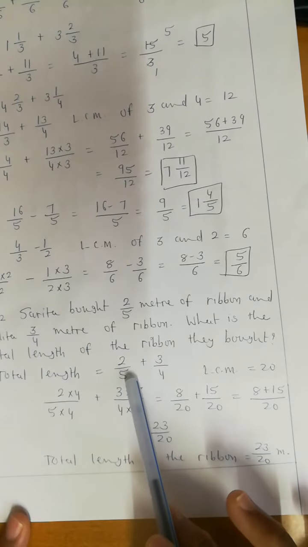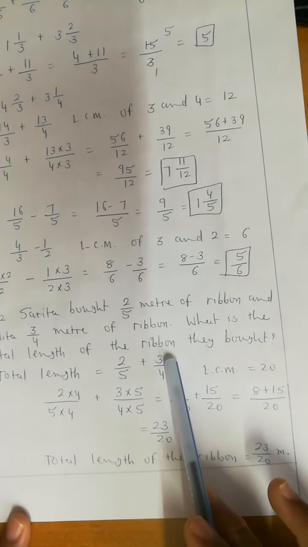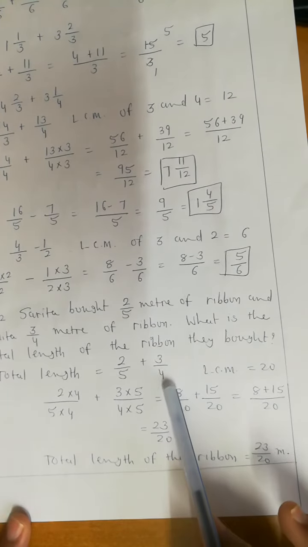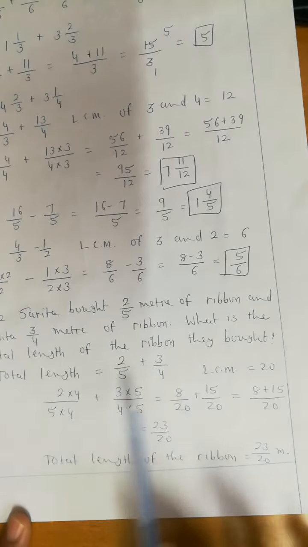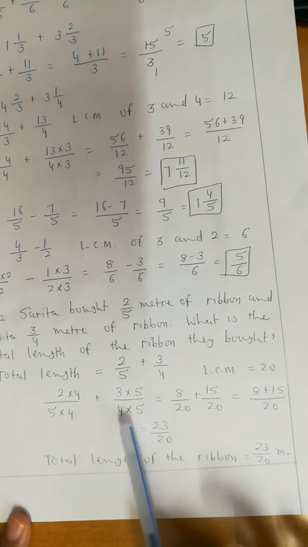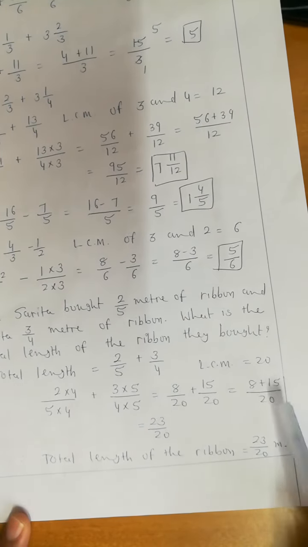Now 2 upon 5, to get 20 multiply by 4. 2 fours are, 5 fours are. Here the fraction is 3 upon 4. To get 20 multiply by 5. 3 fives are, 4 fives are. Now 2 fours are 8 upon 5 fours are 20 plus 3 fives are 15 upon 4 fives are 20. 20 is the denominator.